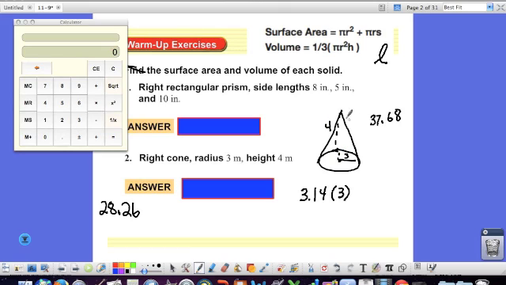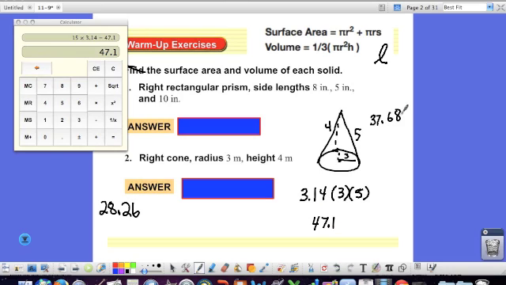This was a height of 4. Hopefully you recognize that 3, 4, 5 Pythagorean triple. Your slant length here is 5. So 5 times 3 is 15, times 3.14 is 47.1.